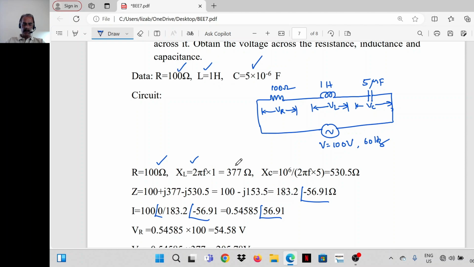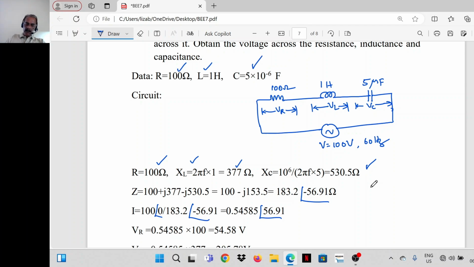That is 377 ohms. Xc is equal to 1 by omega C, 1 by 2 pi FC, so 1 by 2 pi F into 5 into 10 to the power of minus 6. So Xc is 10 to the power of 6 divided by 2 pi F into 5. That is 530.5 ohm.